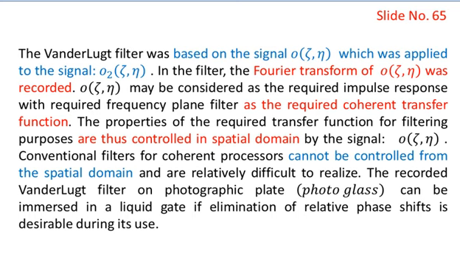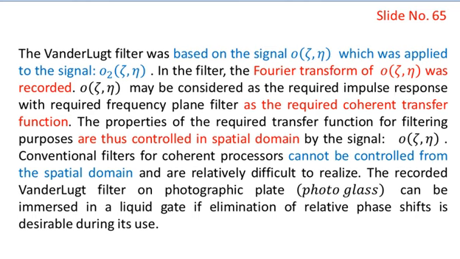The van der Rohe filter was based on the signal O at the plane zeta and eta, which was applied to the signal O2 again at the object plane. In the filter, the Fourier transform of this was recorded. O may be considered as the required impulse response with the required frequency plane filter as the required coherent transfer function.